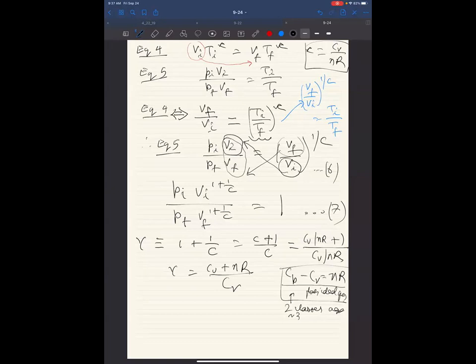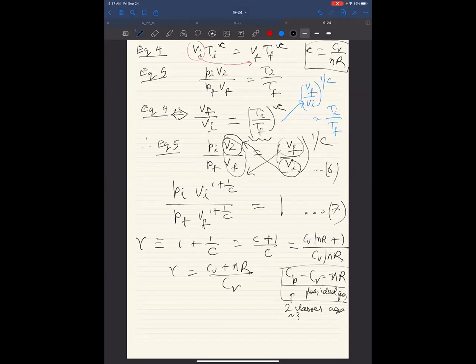Does anyone remember how we did this proof? It is equal to partial U by partial T at constant P plus NR. This is not quite CV, but we are working only for an ideal gas here. For an ideal gas, U is equal to the number of degrees of freedom multiplied by RT by 2. Therefore, partial U by partial T at constant P is the same as partial U by partial T at constant V. And how much is both of them?